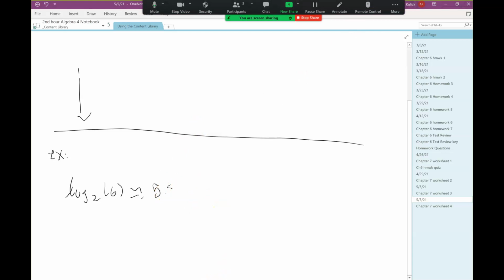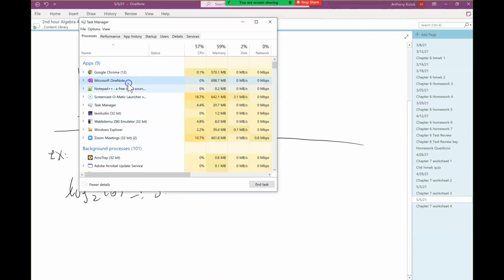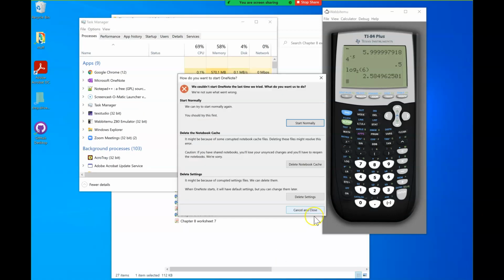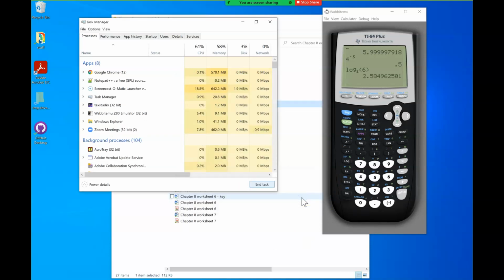How am I supposed to be expected to do my job? Well, let's delete the settings this time, since deleting the cache didn't really work.